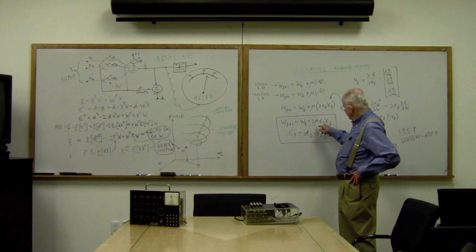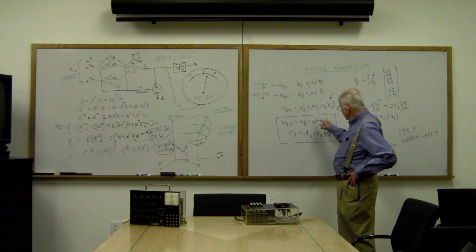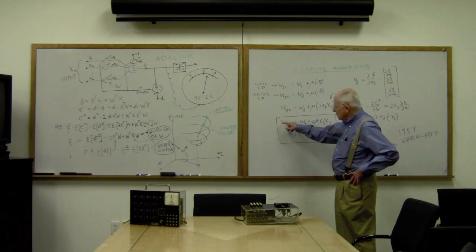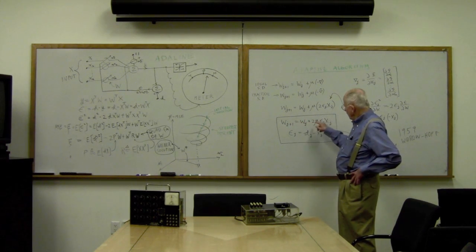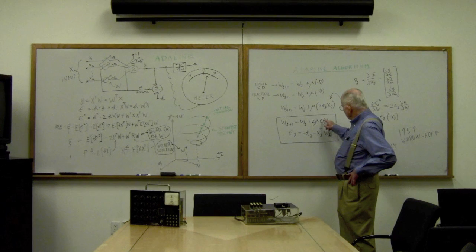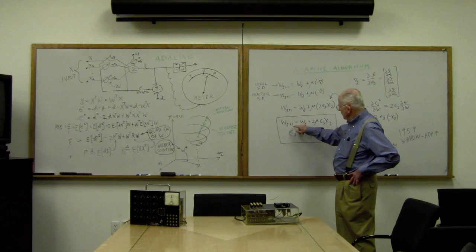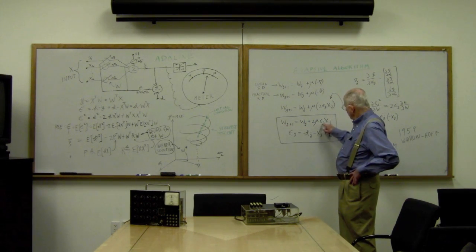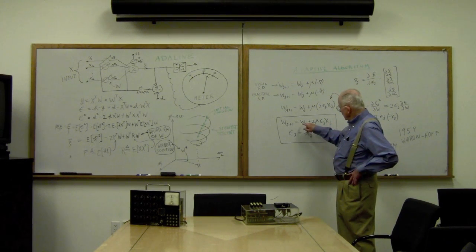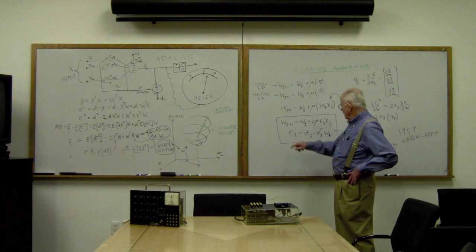So you multiply 2 mu by x, and you add this to the present weight vector to get the next weight vector. So the change is this. When the error is positive, you add the x vector to the w vector to get the next w vector. When the error is negative, you subtract the x vector from the present weight vector to get the next weight vector.